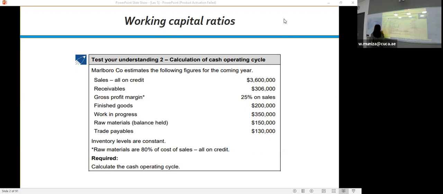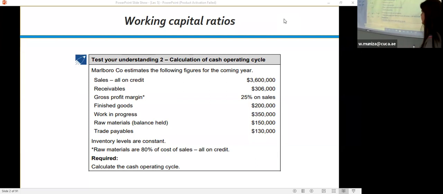We understand that sales price is equal to cost plus profit. When there is a gross profit margin of 25% on sales, sales are 100% here, so the cost is 75%. So gross profit is 25%, sales price is 100%, and cost of sales is obviously 75%.